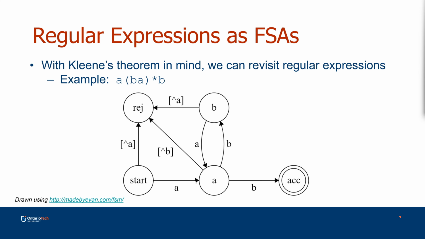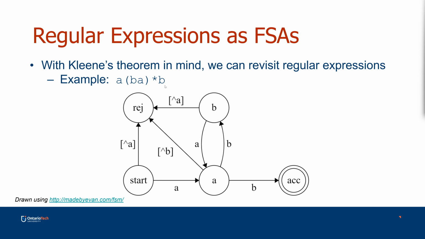But if we encounter an A, then we go to a state which I've just not very cleverly called A. All right, then we have a possibility of a bunch of BAs, which we don't need to have. But if we do have a B, then we go to the B state, and then we get an A, which takes us back to the A state. So we can do another BA after that, or we could just finish.